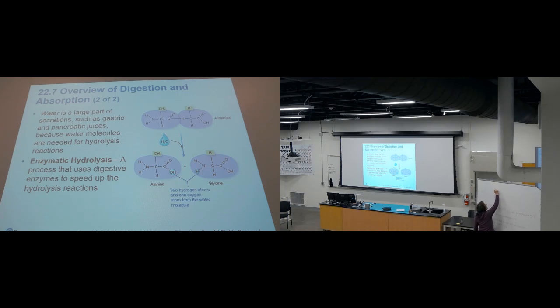You have, for instance, HCl, which is hydrochloric acid, formed when you have bicarbonate plus hydrogen ions merging to form H2CO3, which is carbonic acid.